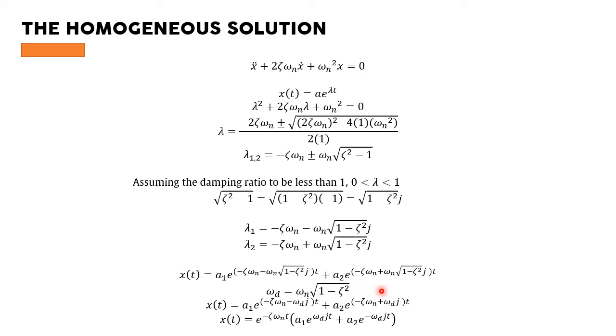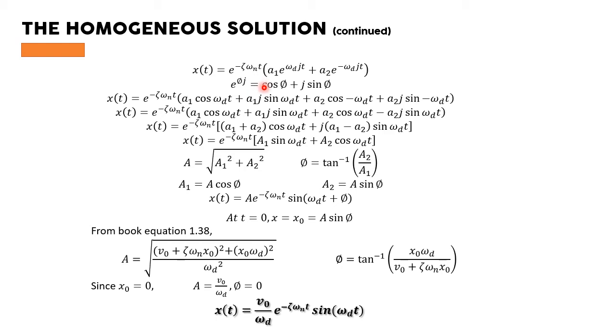Next, to simplify, we introduce another frequency, ω_d, which equals ω_n times the square root of 1 minus ζ squared. We substitute this into the function, which simplifies in terms of ω_d, and taking this common out, the equation simplifies further.